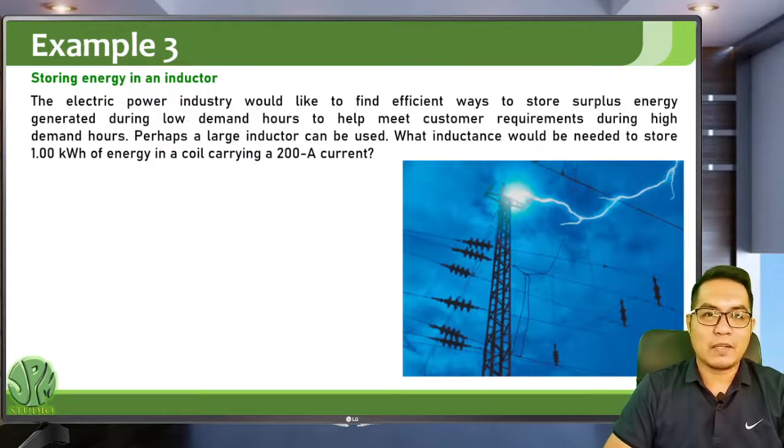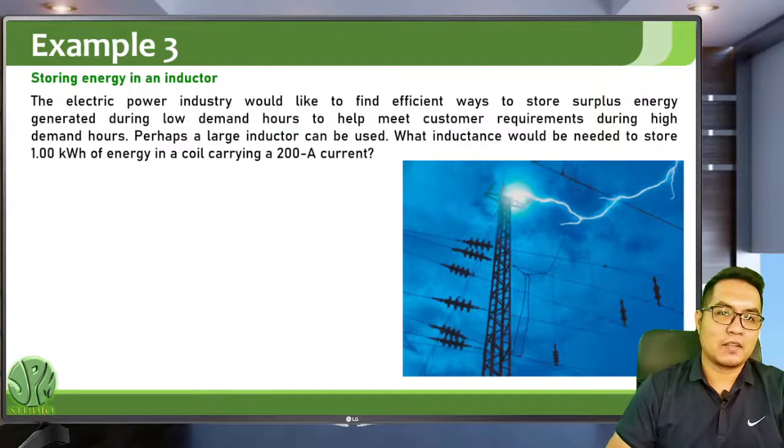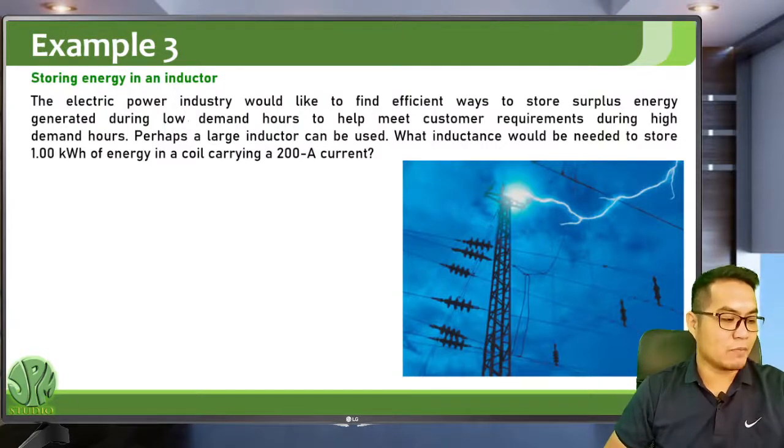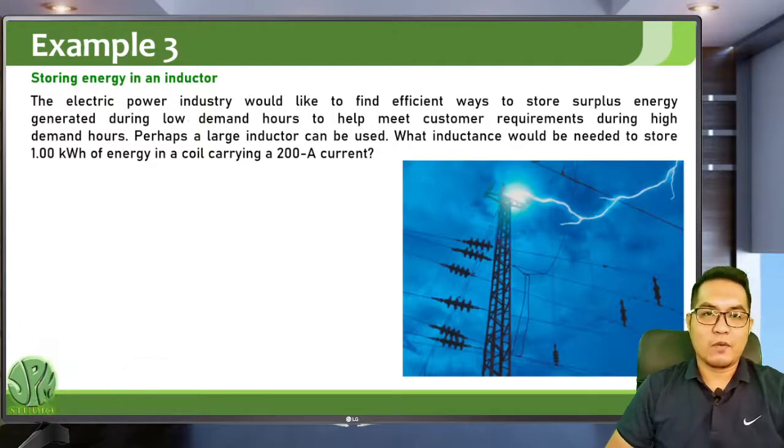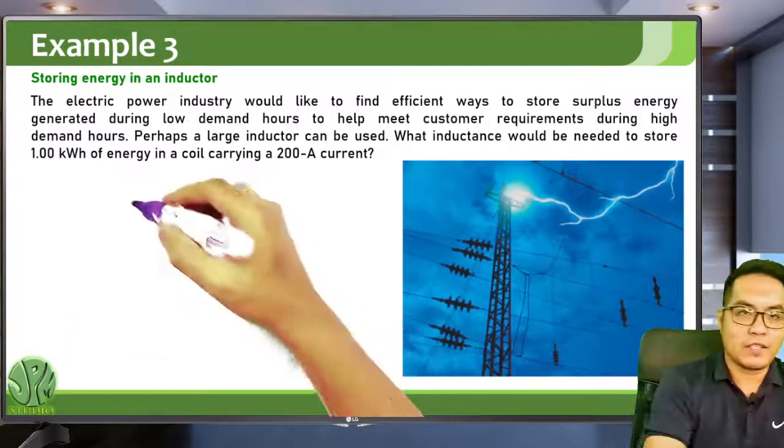And during high demand hours, they release that energy to the customers. So perhaps a large inductor can be used. So what inductance would be needed to store 1 kilowatt hour of energy in a coil carrying a current of 200 amperes? So the 200 ampere current is already the maximum current flowing in your wires.